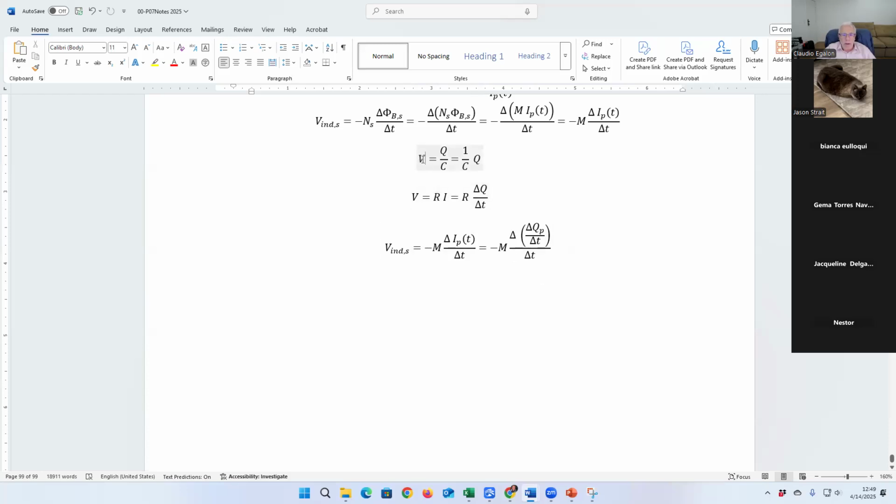We have V on the left side. We have parameters that depend on the geometry of your device. And we have another term that depends on the charge, depends on the variation of the charge.